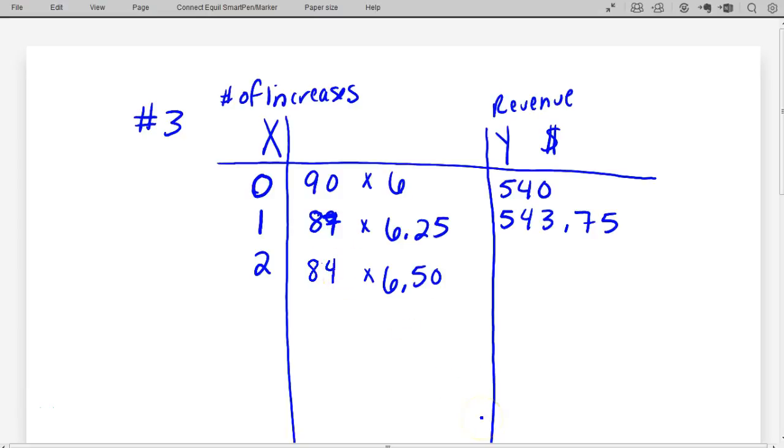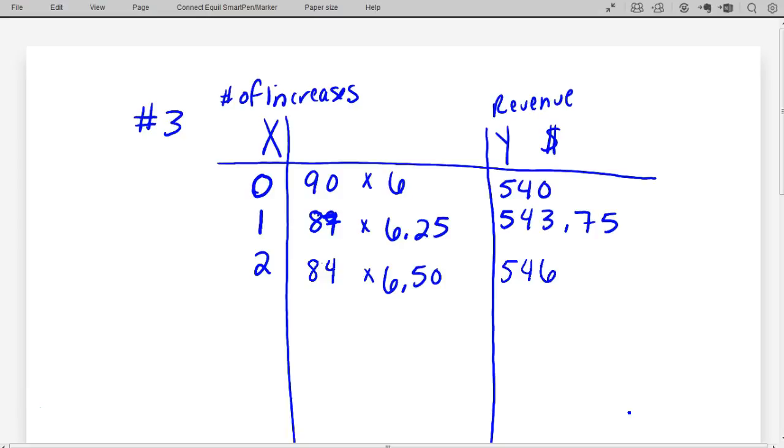Okay, so then you have 84 times $6.50, and that is $546 even.